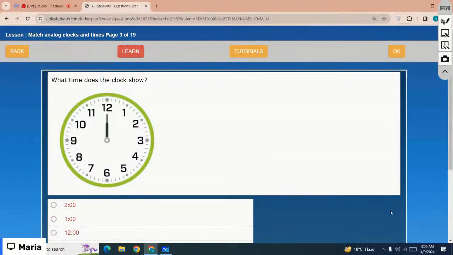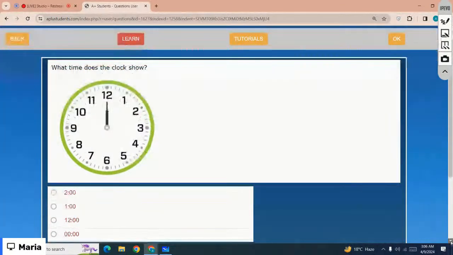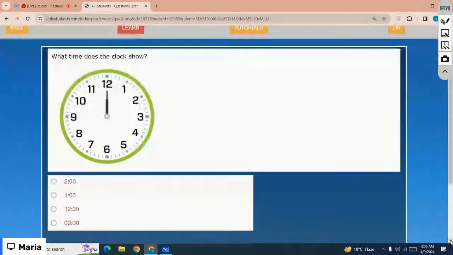What time does the clock show? Which is the correct option? Yes, both the hour and minute hand point to 12.